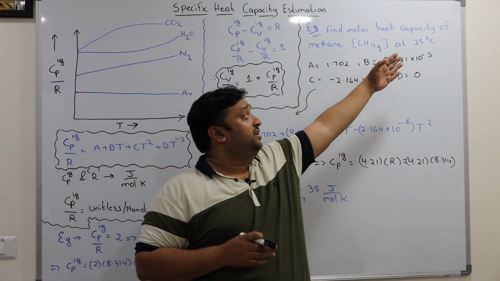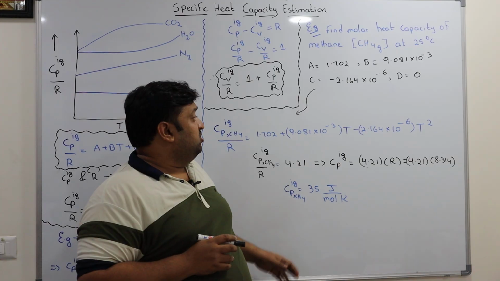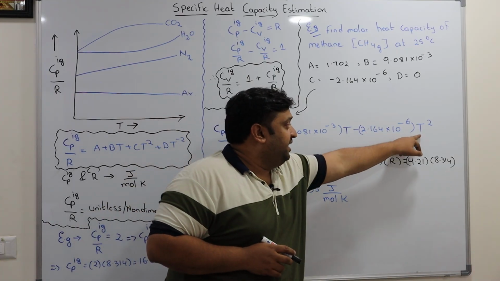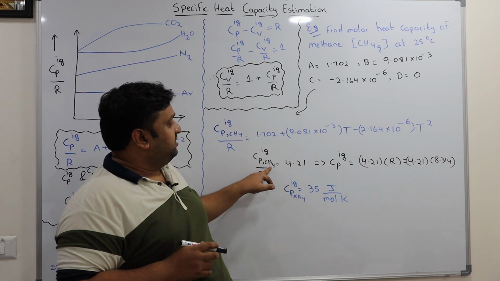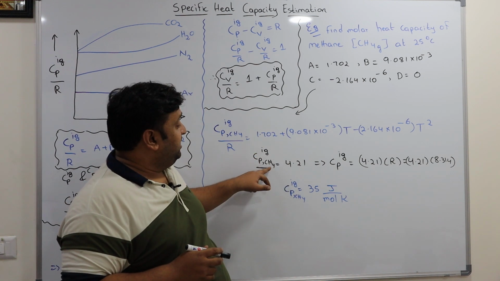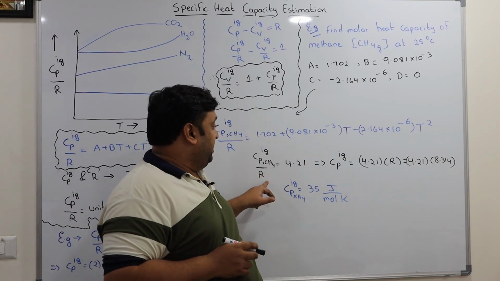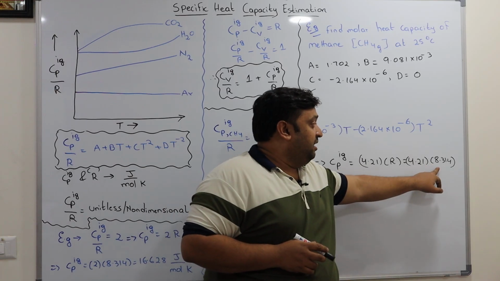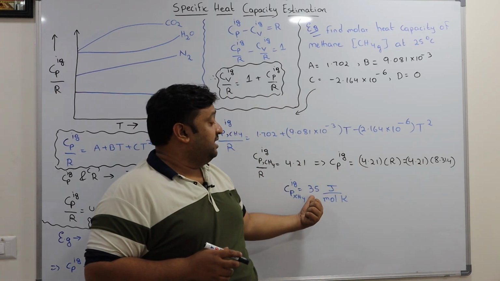At 25 degrees centigrade, in Kelvin it is around 298.15 Kelvin. If you substitute the values of T and T square here, you get CPIG of methane by R equal to 4.21. What is CPIG? 4.21 times R. If I take R as 8.314, 4.21 times 8.314 gives around 35.